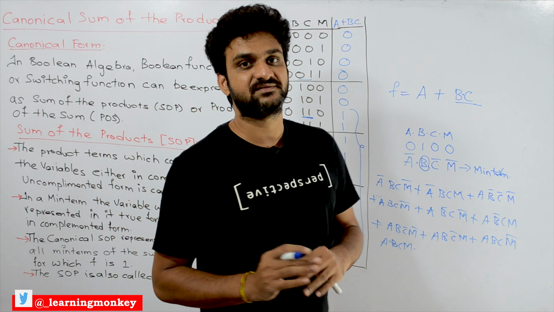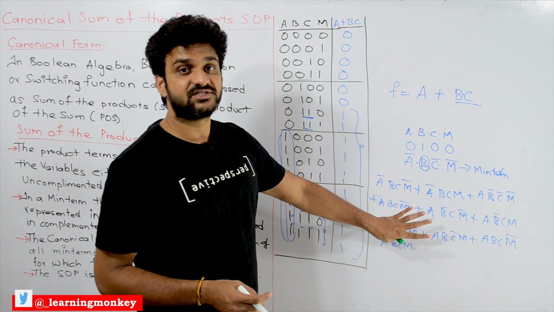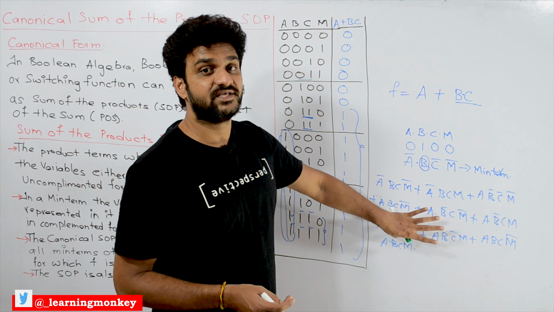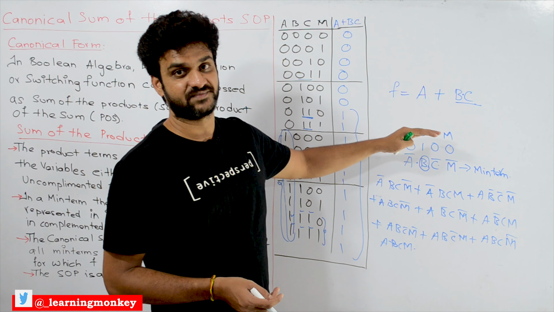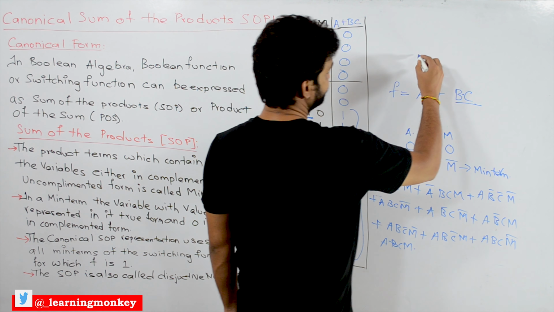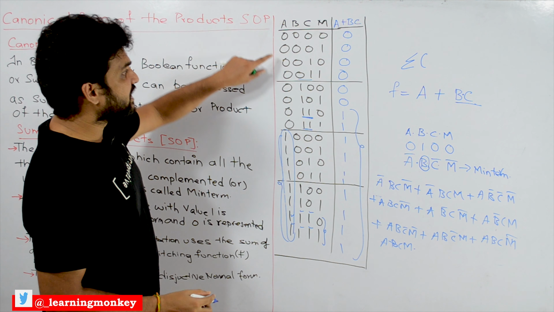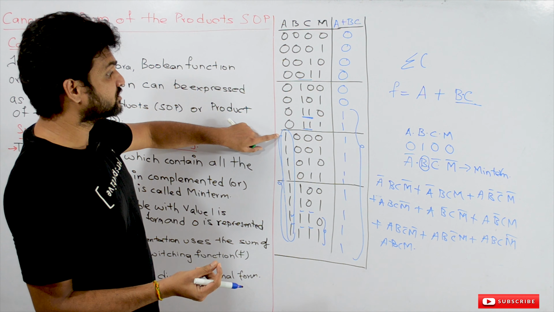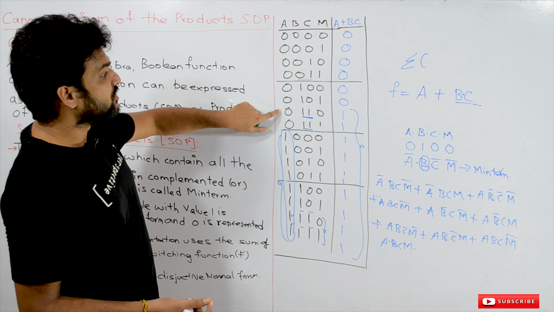What happens in the later classes is you are given these switching functions in canonical form, and these canonical representations have to be minimized. There is another kind of representation, which uses sigma for SOP. So we have to consider the decimal representation of the inputs whose value is 1.